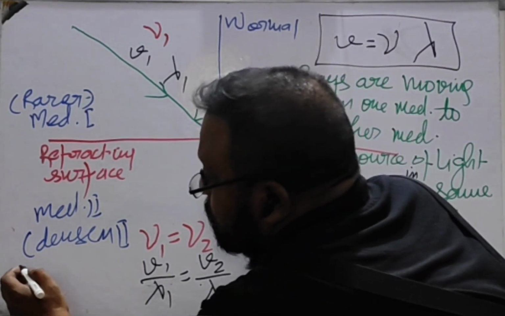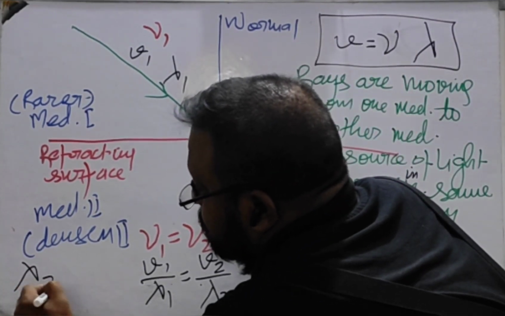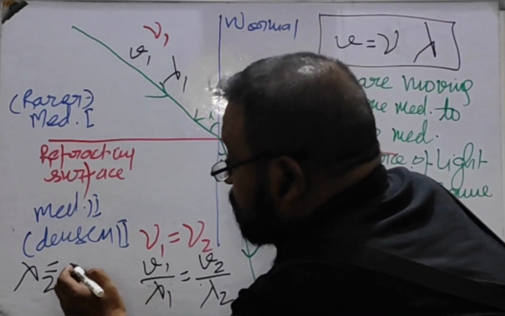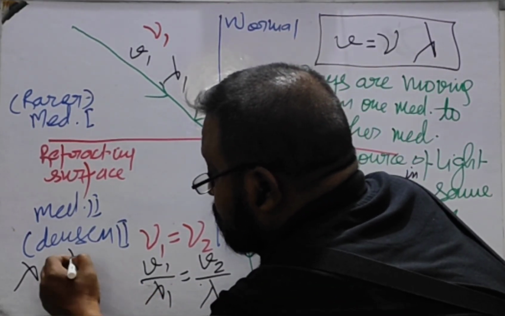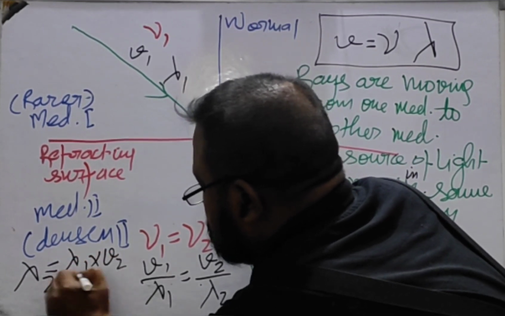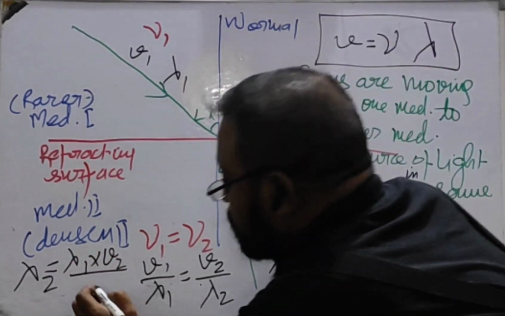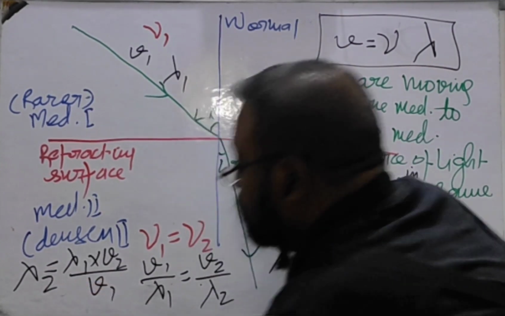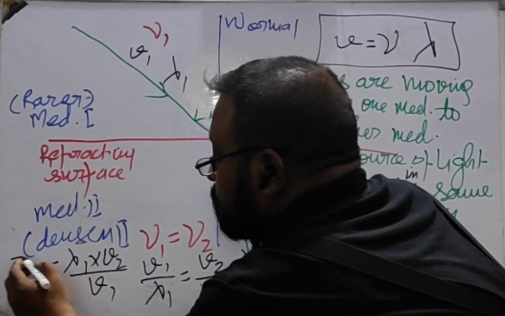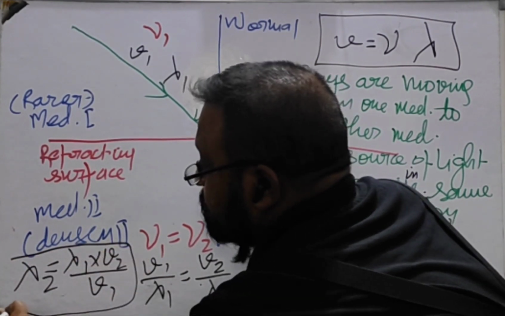If you have to find lambda 2, then you can write lambda 1 into v2 upon v1.